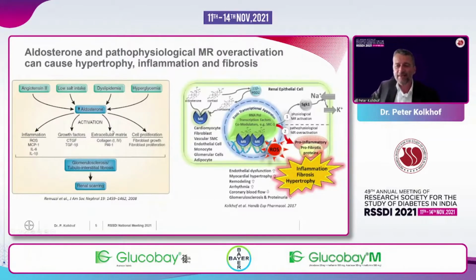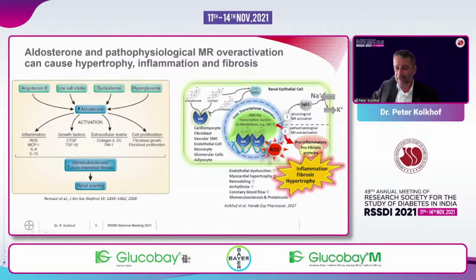We have extended this view a little bit, changed from just aldosterone rather to the receptor itself. So the mineralocorticoid receptor, which is not only activated by aldosterone, but also by cortisol, and expressed in many different cell types in different organs.